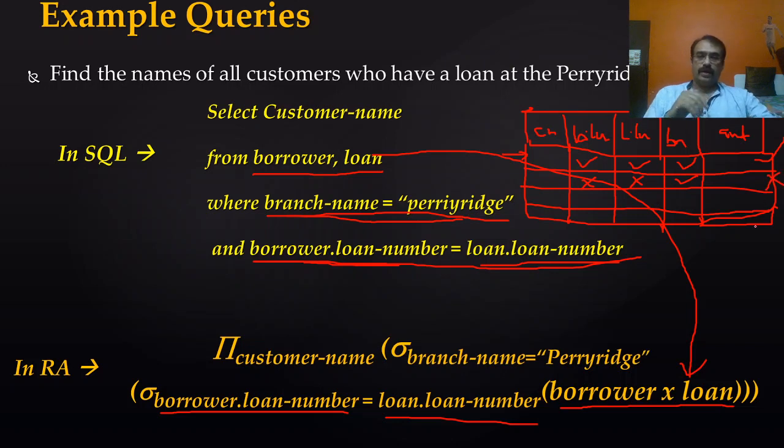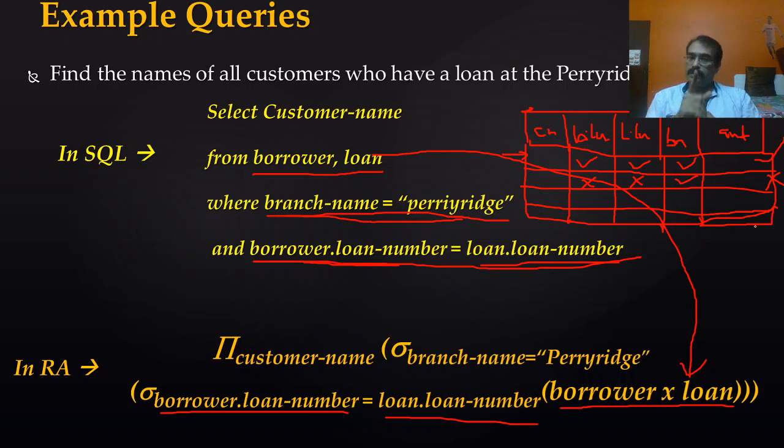Fine. So are you understanding what's happening here? Borrower and loan will be combined together to form a single table, and both these conditions will be applied one by one on every row of that huge single table which is formed by Cartesian product. Then if both the conditions are true, that whole row will be selected, out of which customer name will be printed in the output.